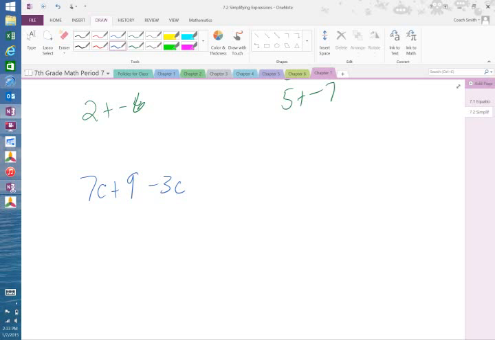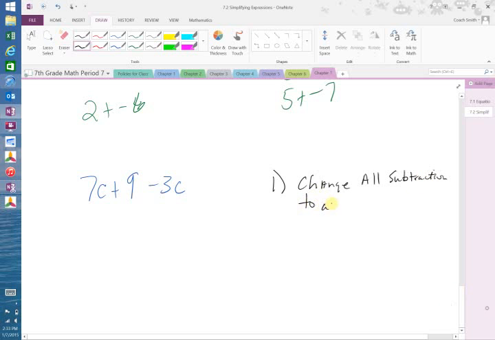First thing we have to do in this problem, step 1, in simplifying: change all subtraction to addition and do the opposite of the term behind the subtraction sign.